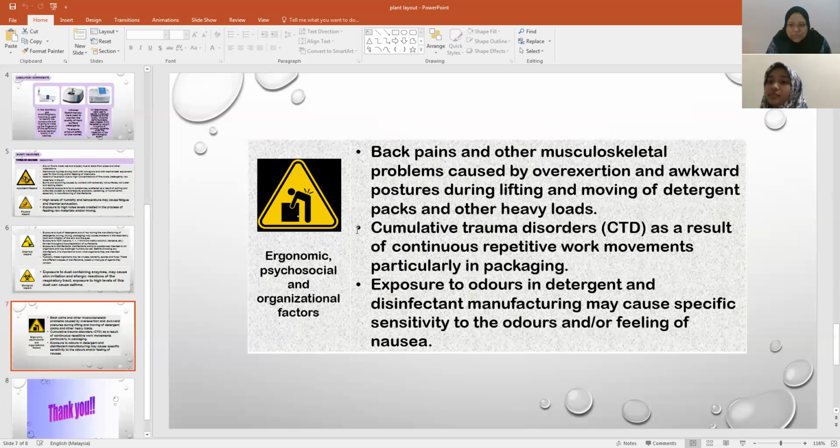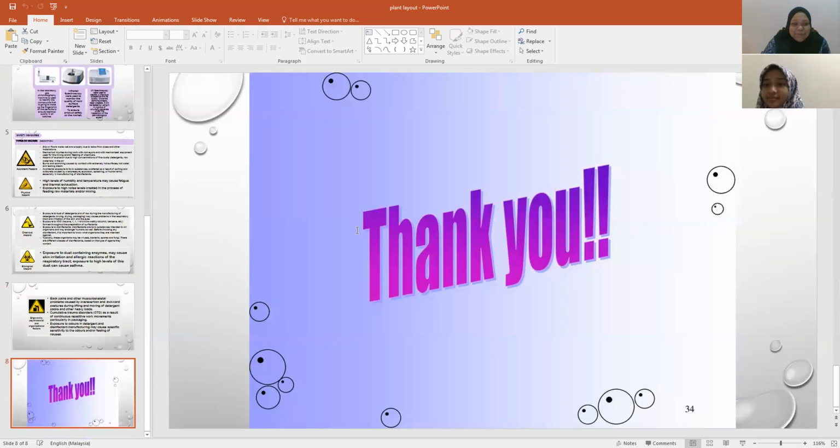And then cumulative trauma disorder or CTD as a result of continuous repetitive work movement, particularly in packaging. And lastly, exposure to odors in detergent and disinfectant manufacturing may cause specific sensitivity to the odors and or feeling of nausea. That's all from us.